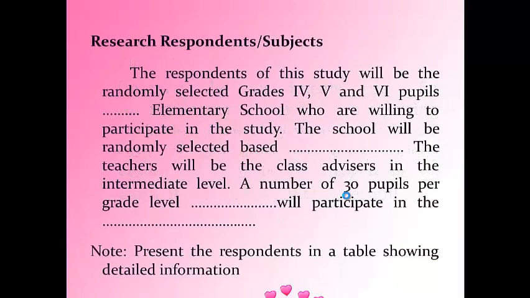The example of writing this part is: The respondent of the study will be the randomly selected grades 4, 5, and 6 pupils in the elementary schools. Then the number of everything that is about the respondents of the study.